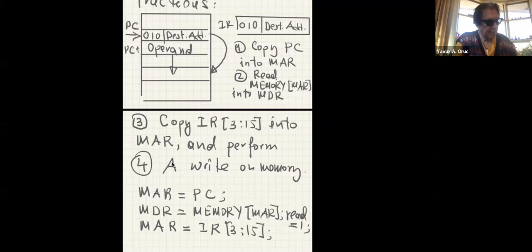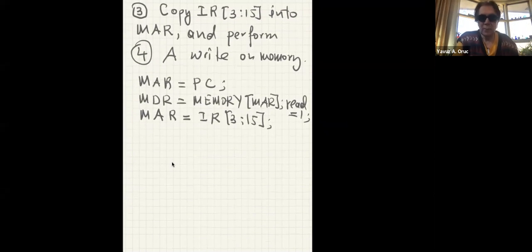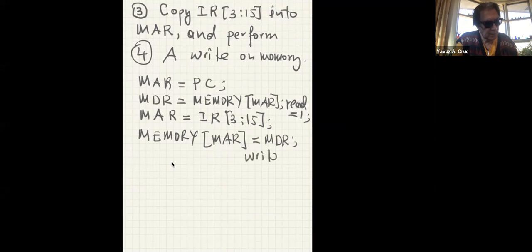And then finally, write back into memory MAR what is actually in MDR. And then issue a write equals 1.